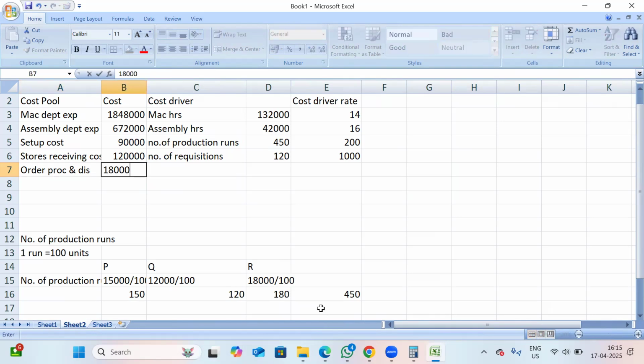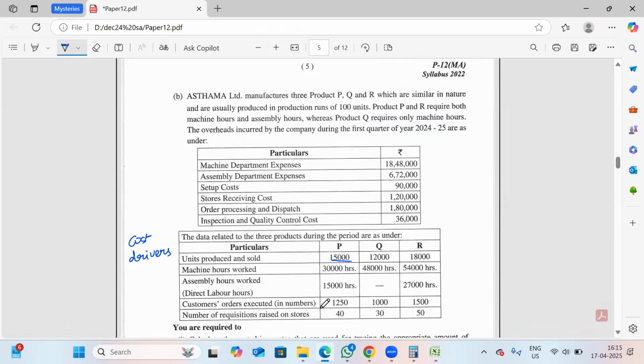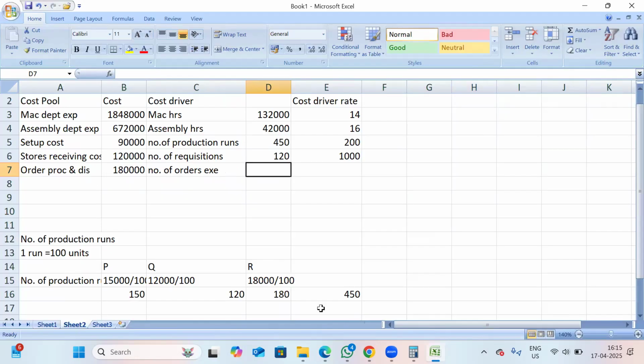That is 1,80,000, based on number of orders executed. 1,250 plus 1,000 plus 1,500, so totally 3,750 customer orders executed. So my cost driver rate, 1,80,000 divided by 3,750, so 48 rupees.